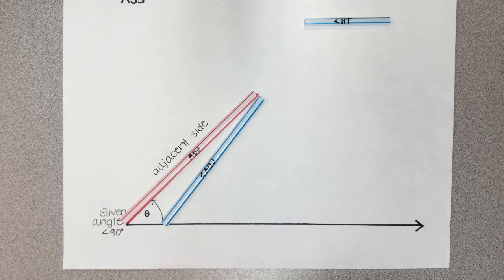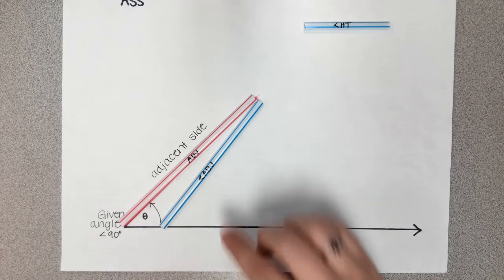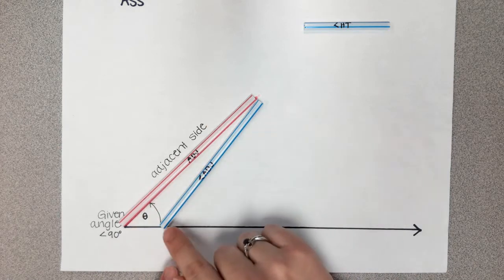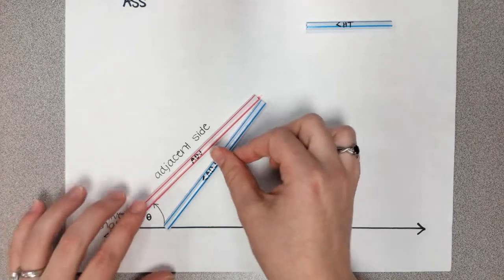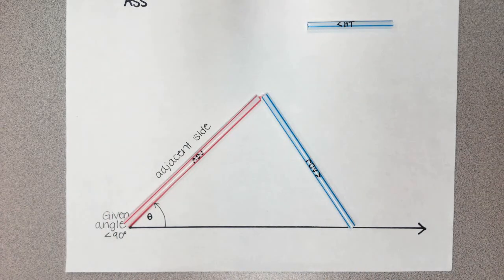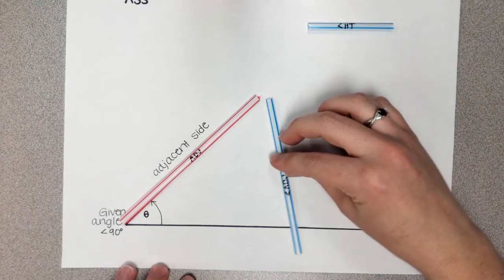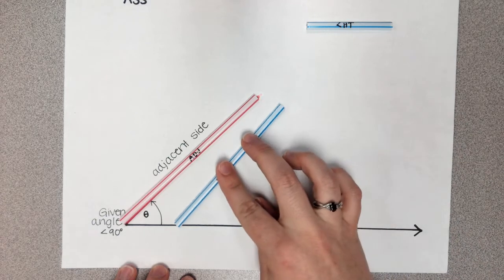So both those triangles have the same given two sides and non-included angle, but what kind of triangle is this one? This triangle is obtuse, and what kind of triangle was this one? That one's acute. So it creates two triangles. If your opposite side is longer than your height, it's going to hit twice.